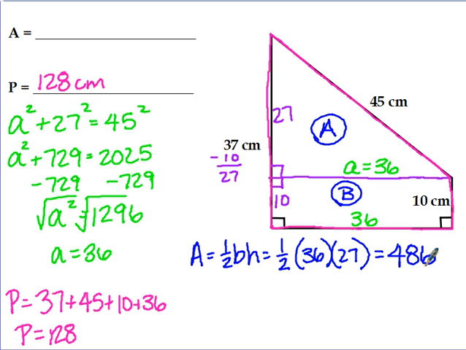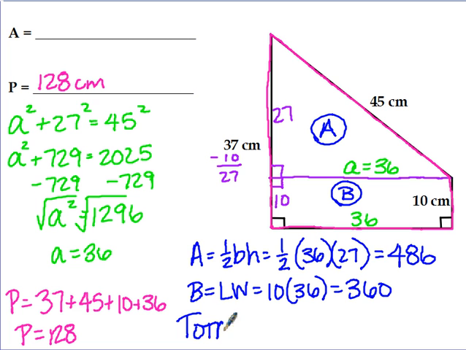And then B is a rectangle, length times width, so that's 10 times 36, which is 360. So my total is going to be 486 plus 360, which gives me 846. And don't forget units.